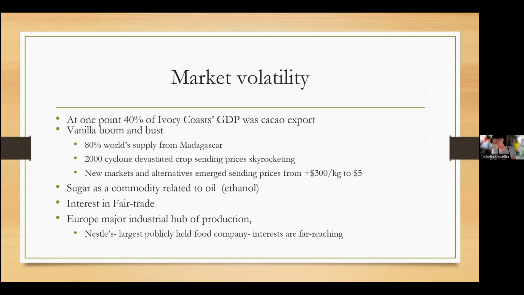And the more expensive oil gets, the more people rely on sugar to produce ethanol as an alternate fuel source. And that diminishes the global supply for things like chocolate. So all the things that go into a bar of chocolate are interdependent and really volatile in the world, both as agricultural products, but just geopolitically too.